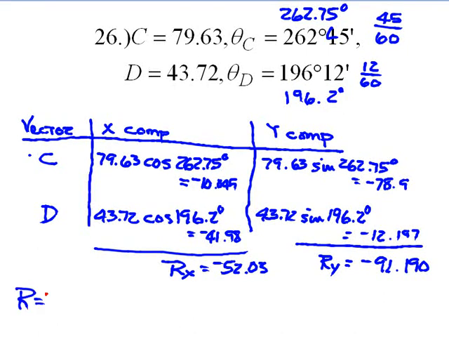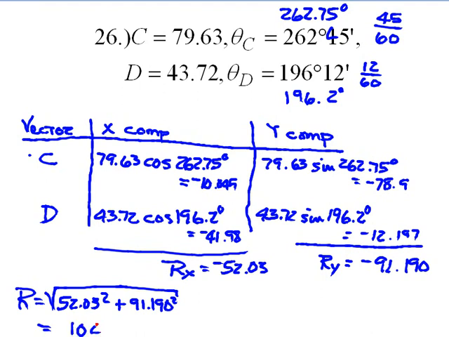R equals the Pythagorean theorem. Now it won't matter the negative signs, because as you square them, the negative sign goes away. So R should equal 104.99. We could say 105.